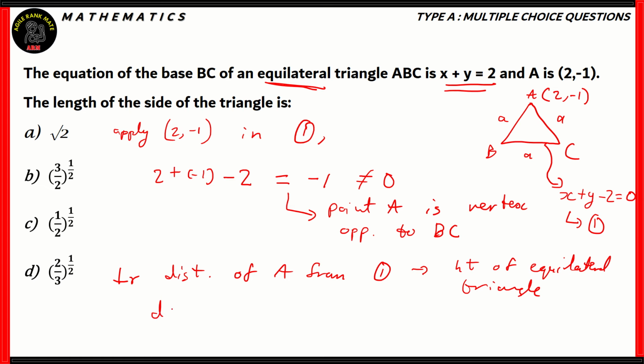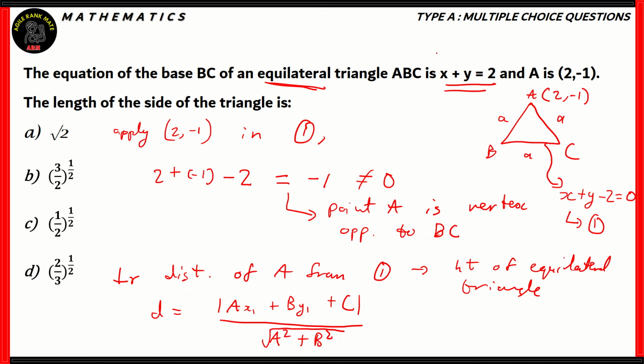And basically, we're using the distance formula for a point from a line, which is modulus of ax1 plus by1 plus c over the square root of a squared plus b squared.